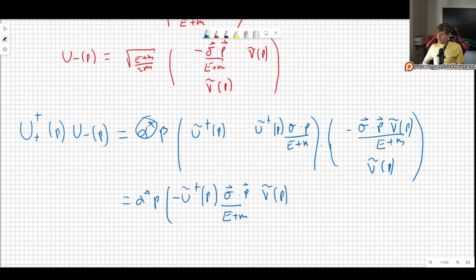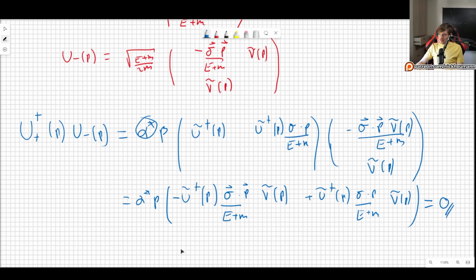And then we have the second part, which will be plus u tilde of p sigma dot p over E plus m, v tilde of p. And notice that these are the exact same thing, but with a minus sign, so we get 0. So we can see that positive energy and negative energy solutions to the Dirac equation have 0 product and are orthogonal.